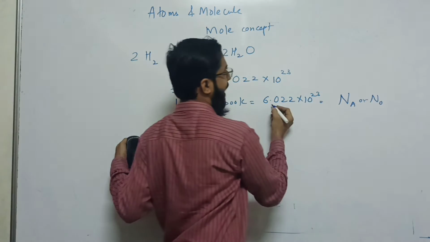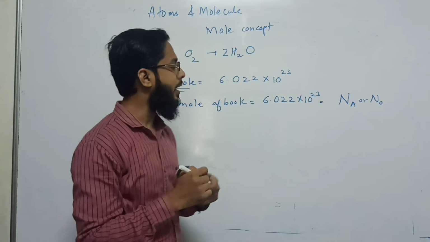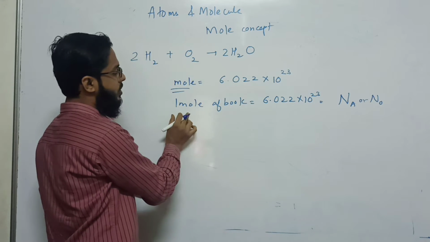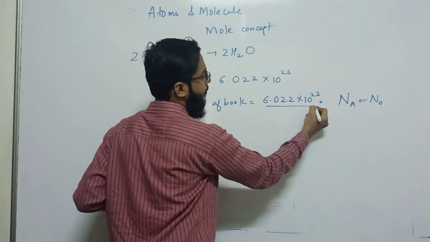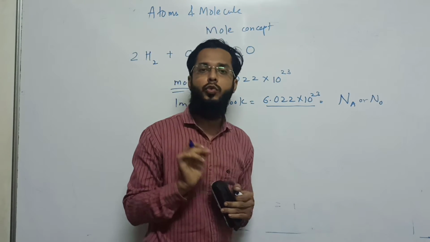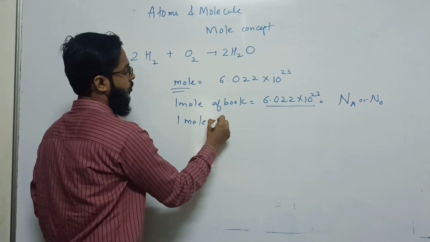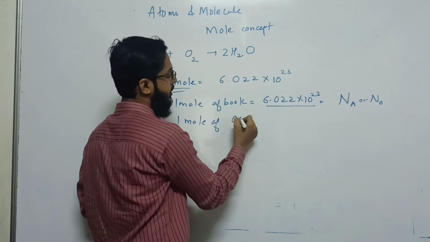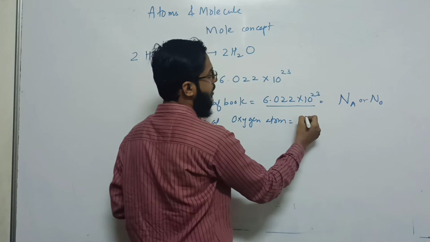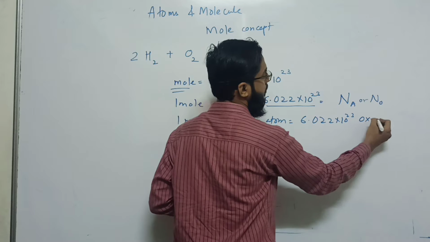Amedeo Avogadro is the name of the scientist who gave this number by calculating experimentally. 1 mole of anything will have 6.022 into 10 raised to 23. If I say 1 mole of oxygen atoms, then how many atoms will there be? 6.022 into 10 raised to 23 oxygen atoms.